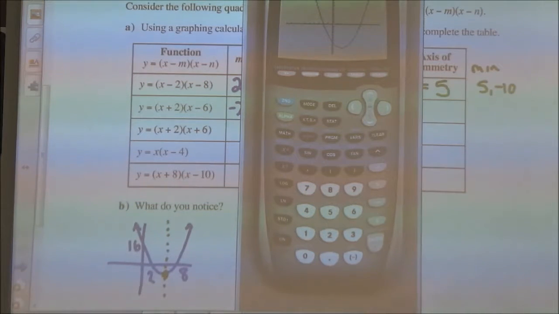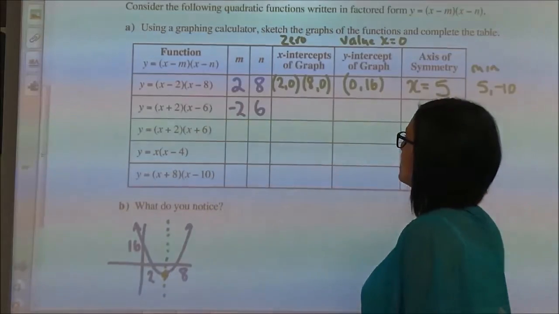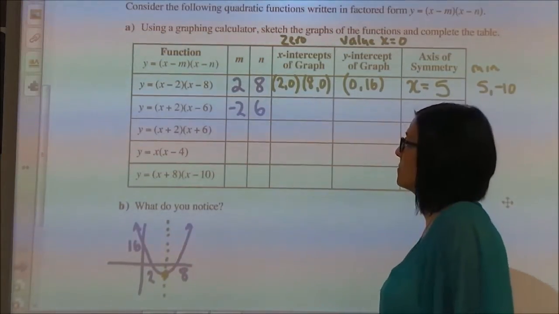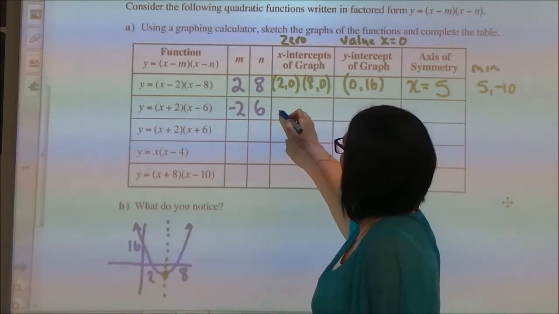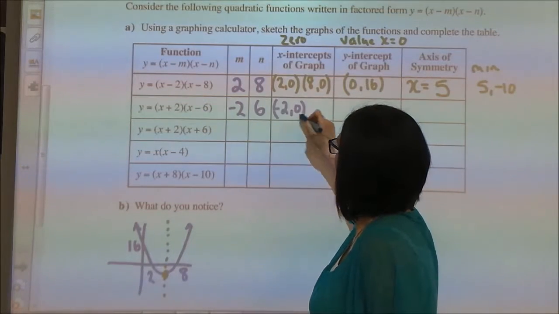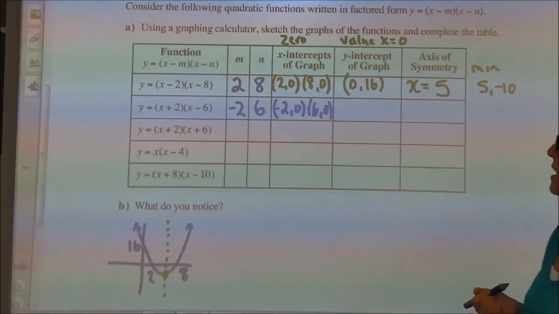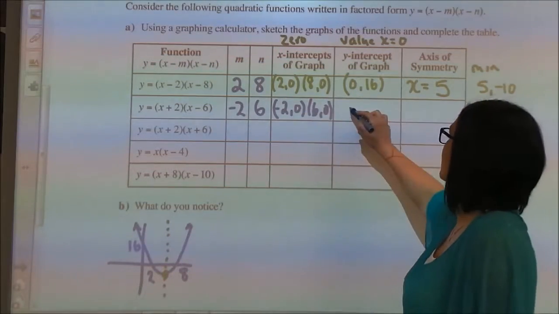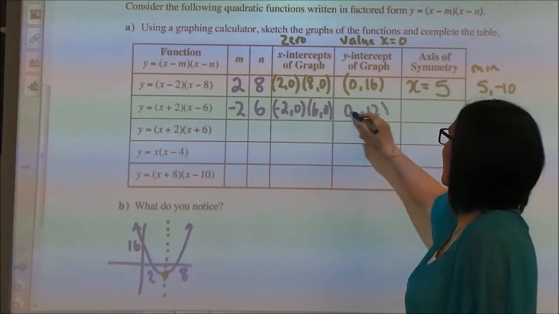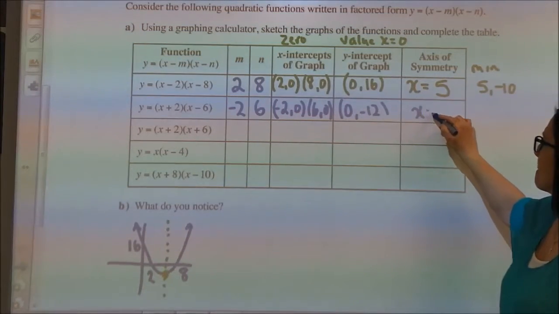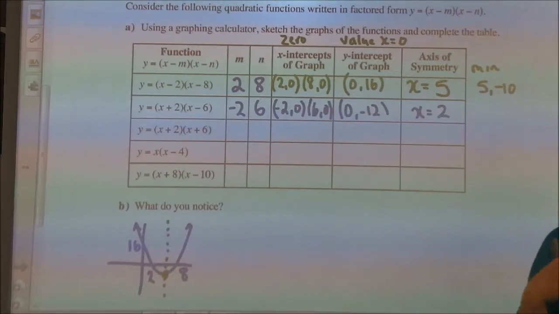Negative 2 and 0 and 6 and 0. Okay. What is the y-intercept? Where does it cross the y-axis? 0 and negative 12. And what is the axis of symmetry? 2. Okay, so it has to be x equals 2.